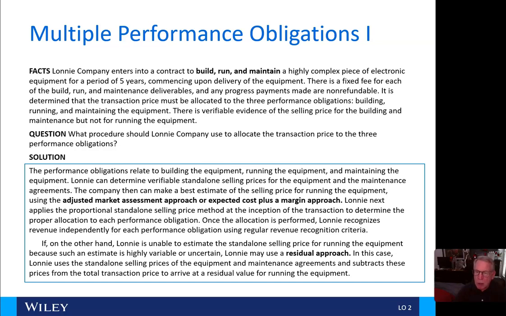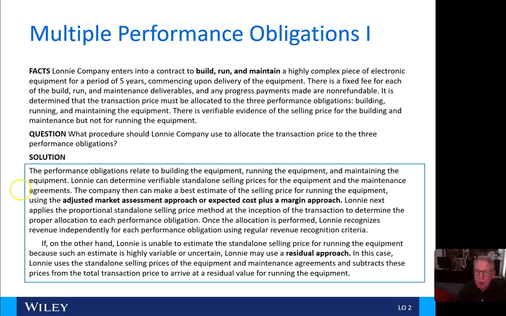Lonnie next applies the proportional standalone selling price method at the inception of the transaction to determine the proper allocation to each performance obligation. Once the allocation is performed, Lonnie recognizes revenues independently for each performance obligation using regular revenue recognition criteria.